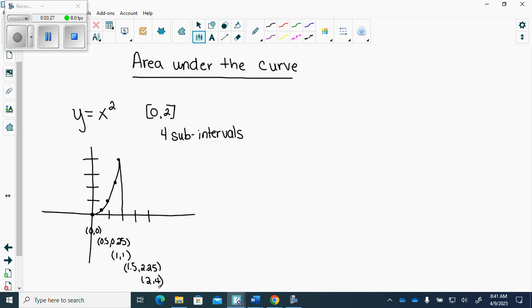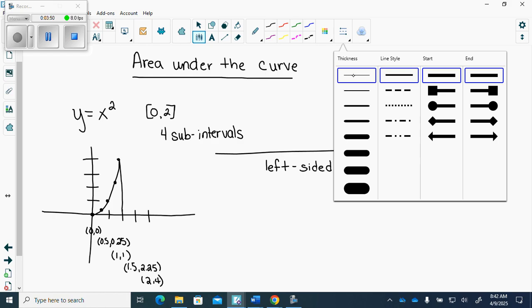So, what they said is, we could split this into 4 subintervals. So, you could do left-sided, right-sided, or midpoint. So, we'll do left-sided first. Left-sided means left-sided heights. So, I'm going to do left-sided in blue.